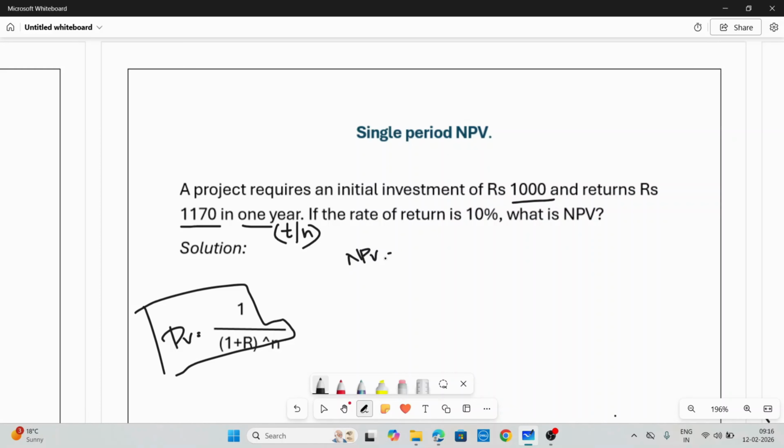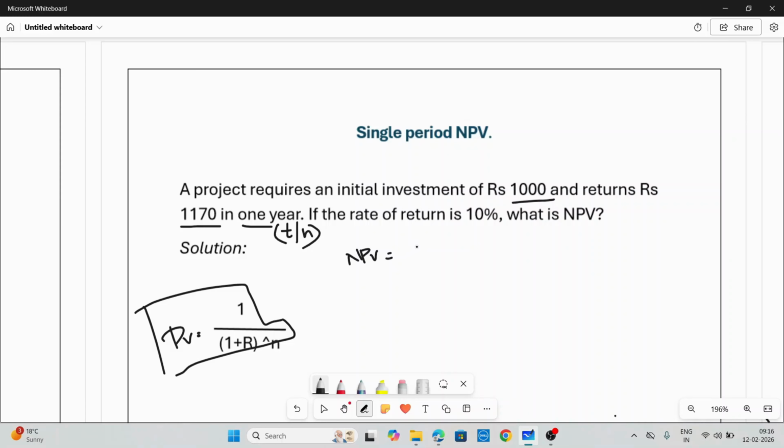So NPV is equal to cash inflow divided by (1 plus R) to the power of N or T, minus initial investment.